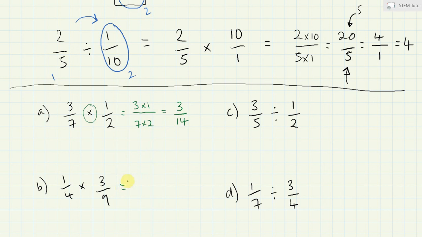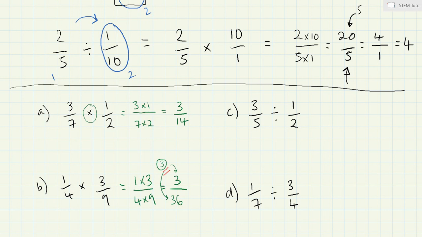B would be 1 multiplied by 3 for the top, 4 multiplied by 9 for the bottom. That gives us 3 for the top, all over 4 times 9 is 36. Now we can simplify this fraction because the number 3 goes into both the top number and the bottom, i.e. the numerator and the denominator have a common factor of 3.